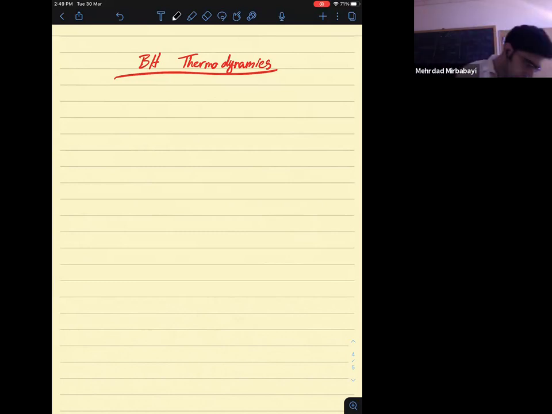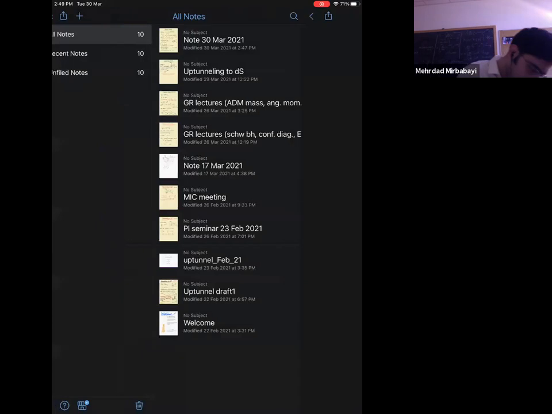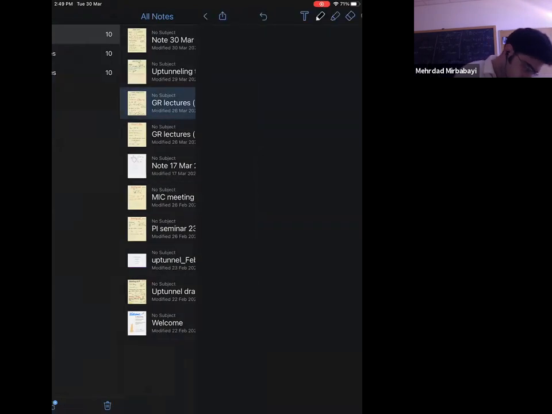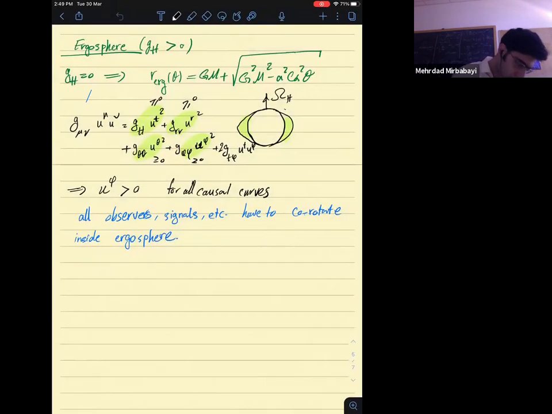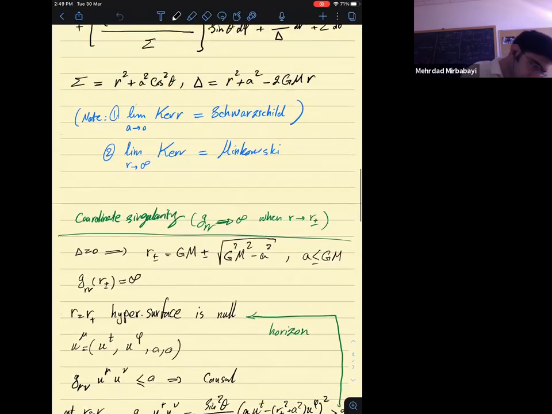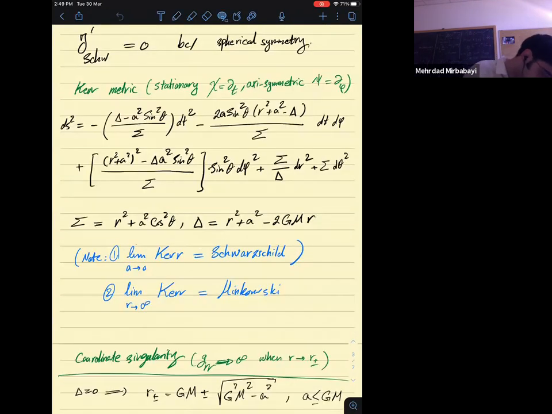Maybe let me try to copy the metric. Perhaps it would be faster to copy it than rewriting the Kerr metric. Yes, here is the Kerr metric.